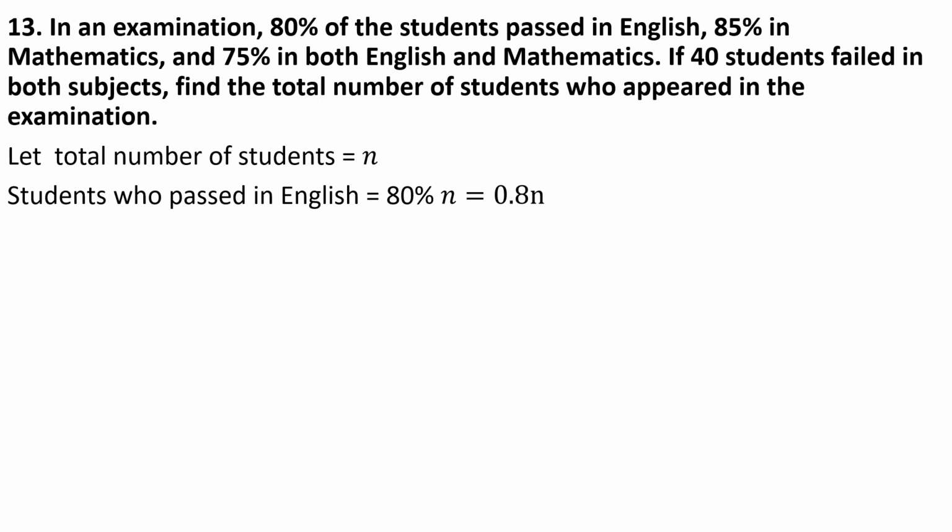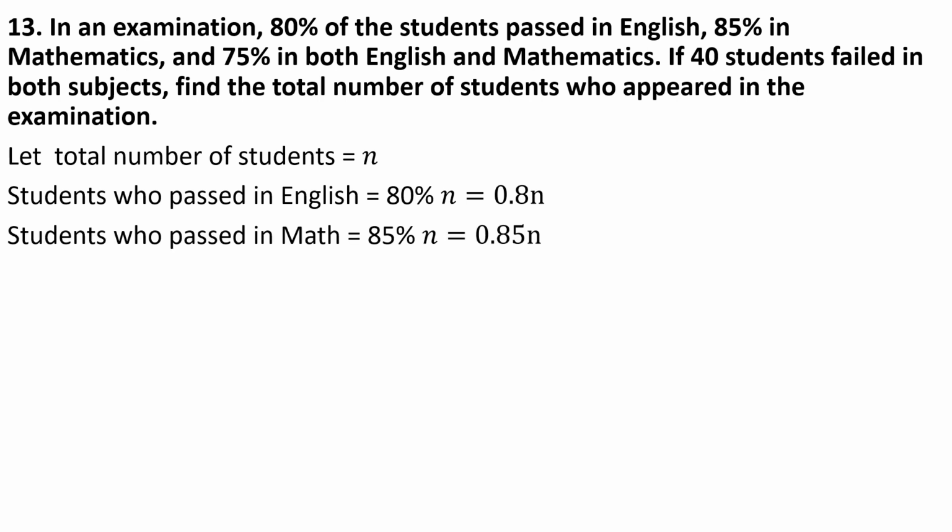How many of them passed in mathematics? 85%. 85% of n means 85 by 100, 0.85n. How many students passed in both? 75%. So the number of students who passed in both exams is 0.75n.